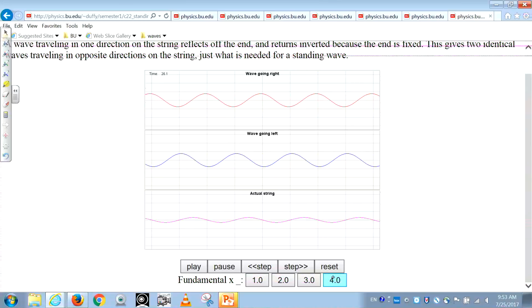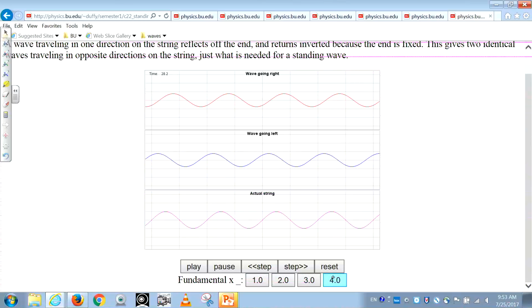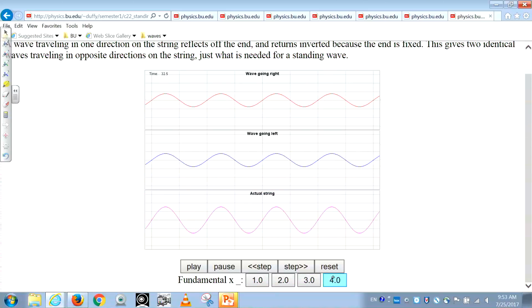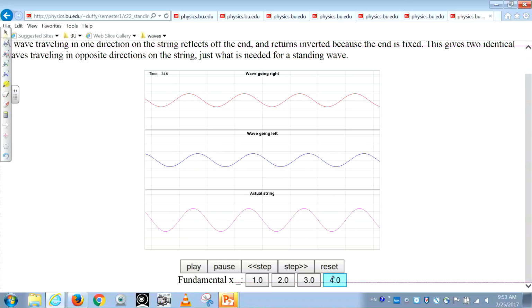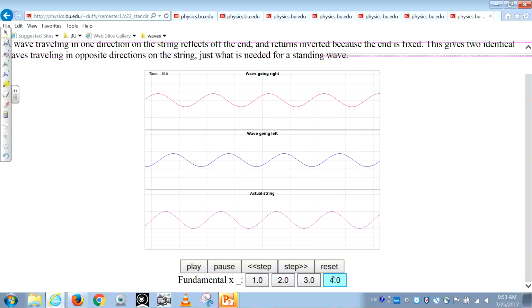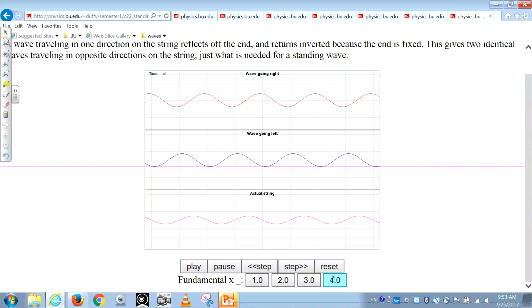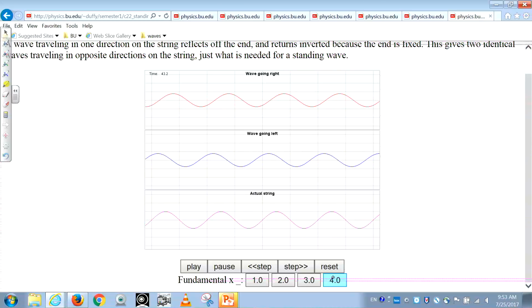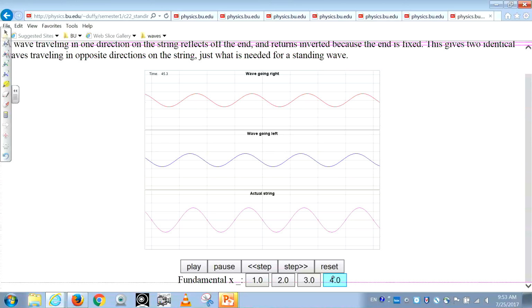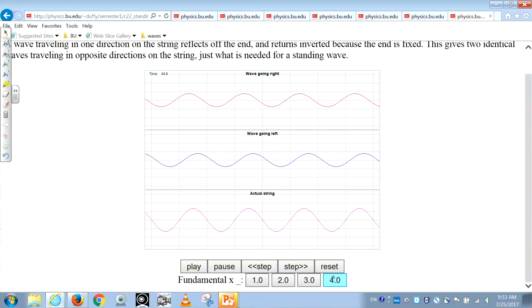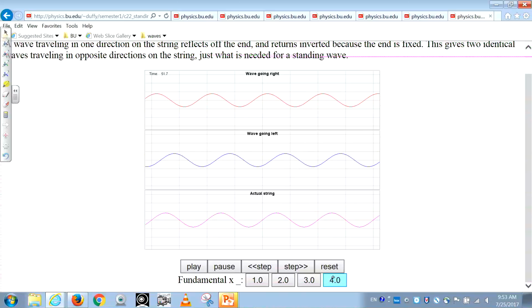And eventually we observe a standing wave. In this standing wave, you can see that both ends move, this and that. And that's not always the case. For example, if we have a string attached to two doorknobs, those ends will not move, but we still will be able to generate a standing wave.